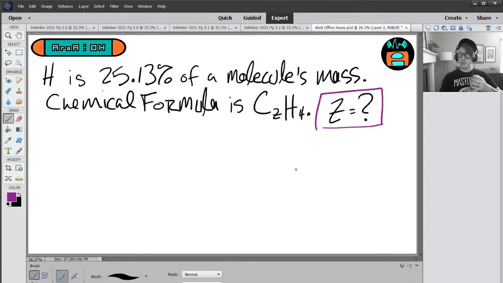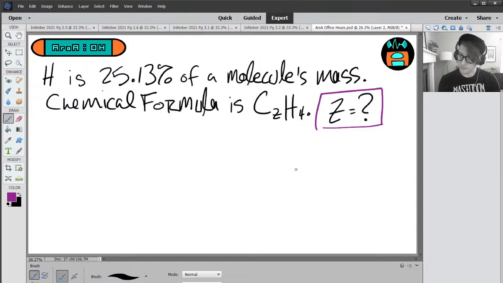All right, okay, so you know the problems where you're given the percent composition of each element in the molecule, and you've got to determine the empirical formula.